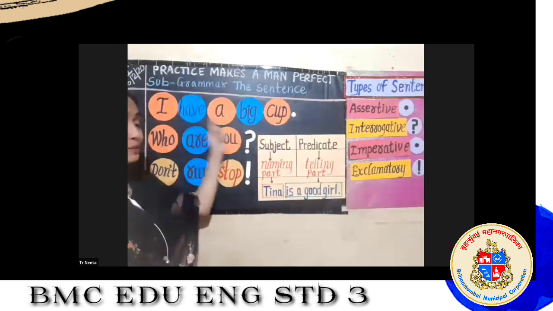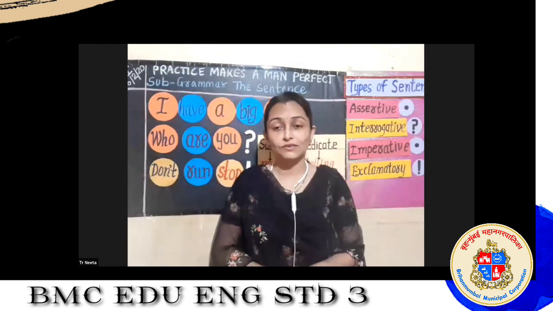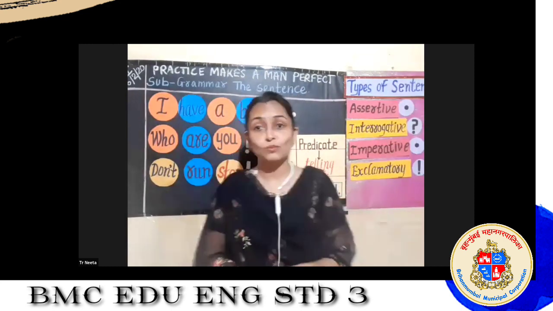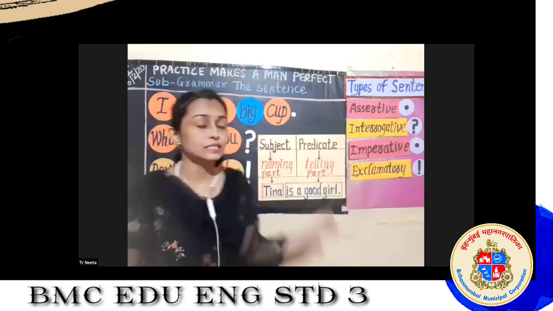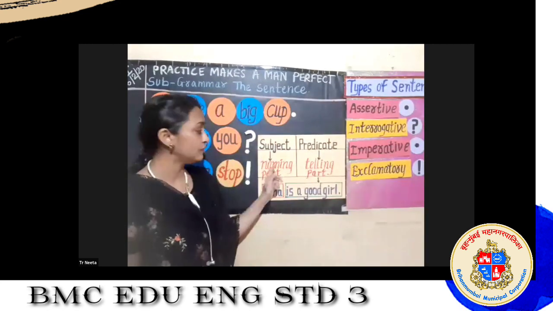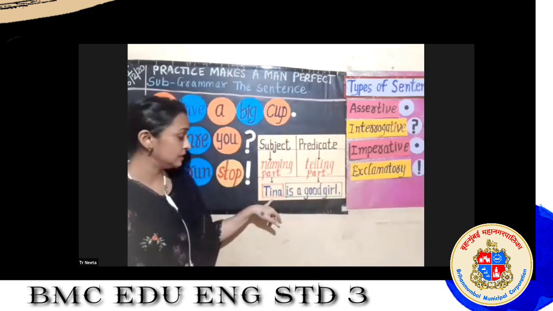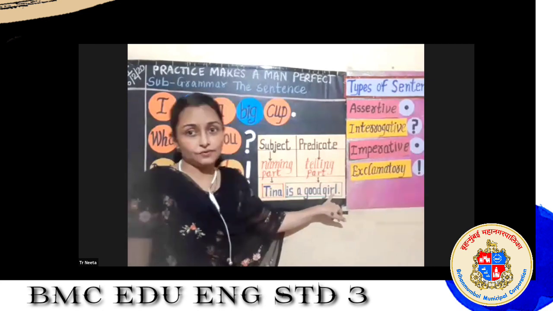A statement which makes a complete thought is called a sentence. Okay. Now sentence contains what, children? Subject and predicate. Every sentence contains subject and predicate, which is divided like this. Tina is a good girl: Tina is the subject, and is a good girl is the predicate, the rest part.